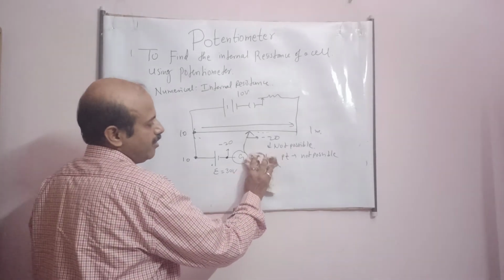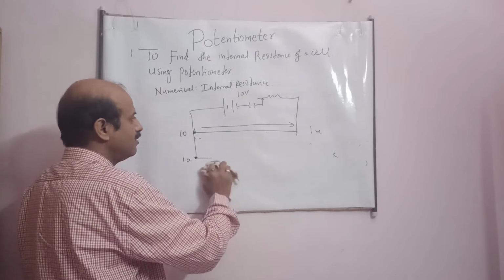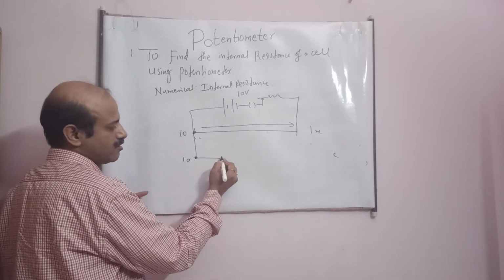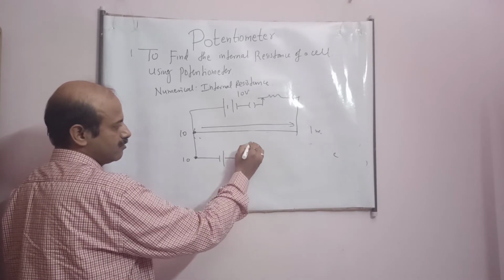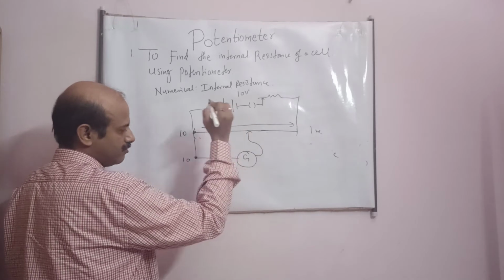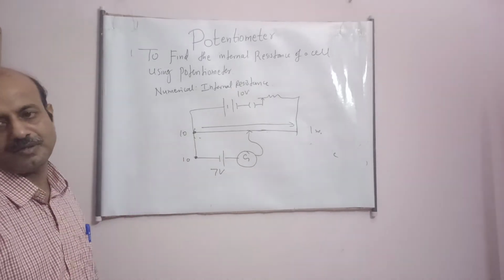Now, student, another numerical. Suppose I connect here a cell of EMF 7 volt. And I have to find out the null point, student.